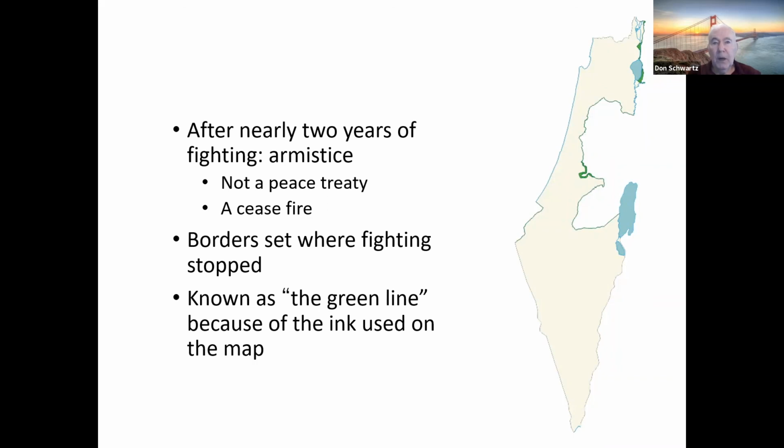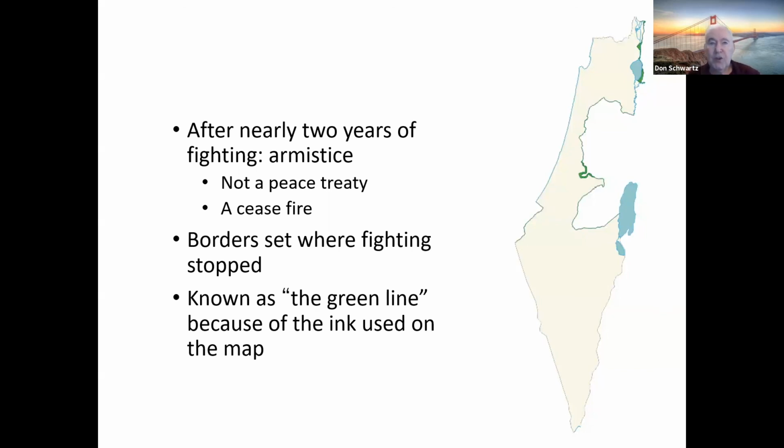Now, to most Jews, the War for Independence was a smashing success, but it did come at a cost, with more than 6,000 Jews killed and 30,000 wounded. But despite the establishment of the State of Israel, that was not the end of the story.